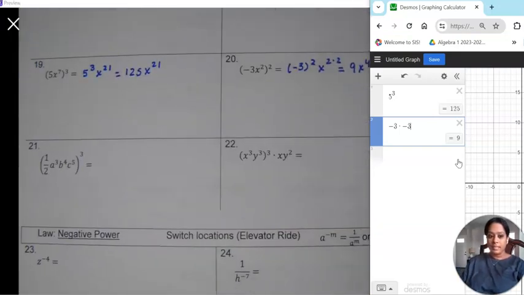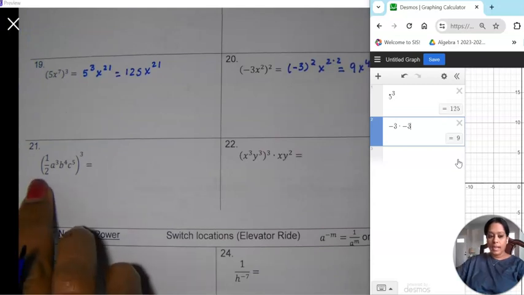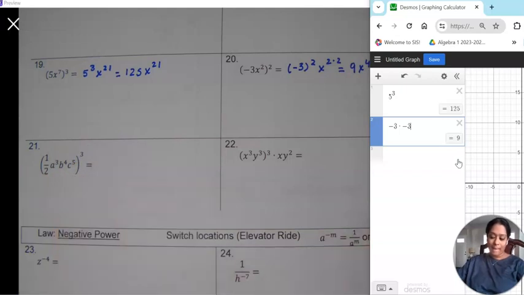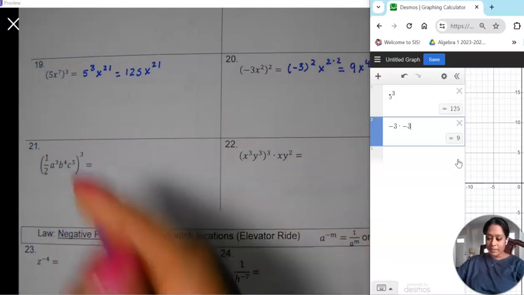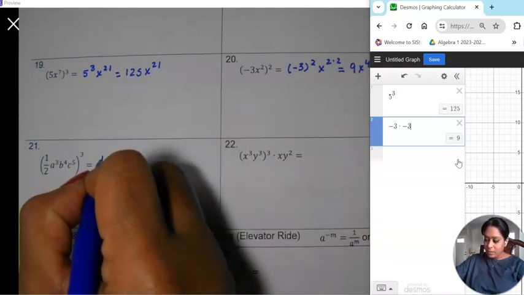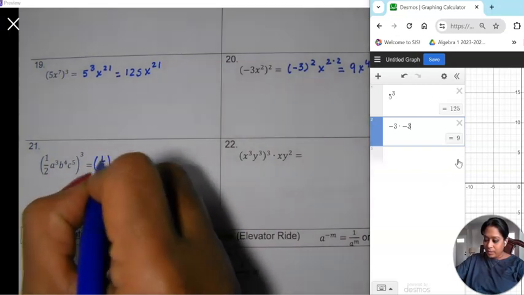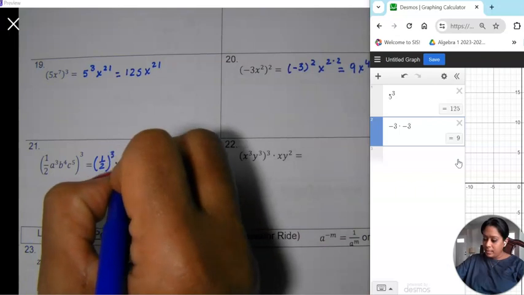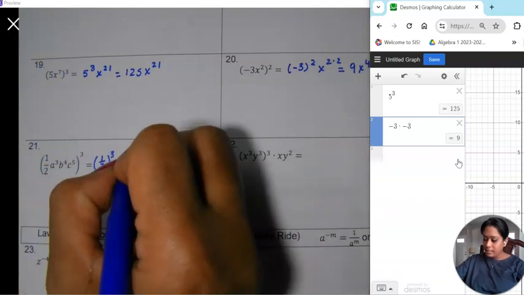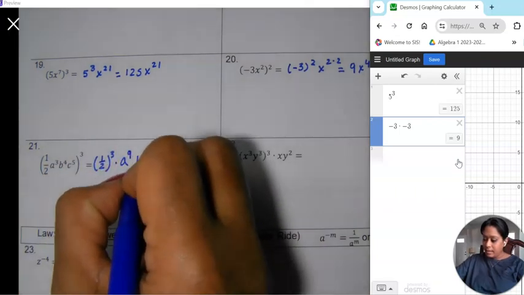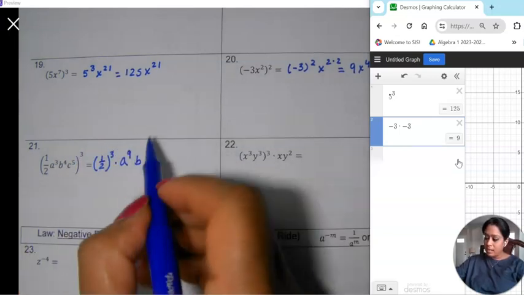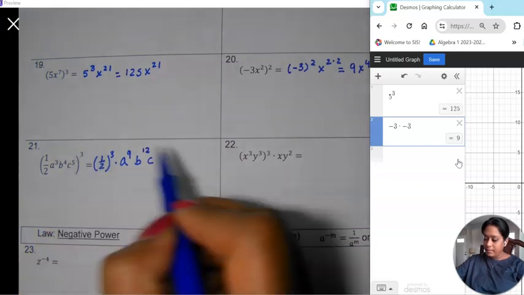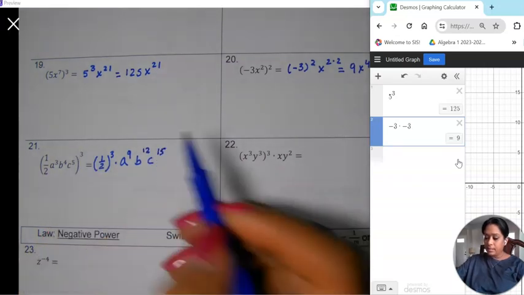Alright, these two. 1/2 to the 3rd power. You have to make sure that everything gets distributed out. So you're going to do 1 over 2 cubed, okay, times 3 times 3, which is 9, and then 4 times 3, which is 12, and then 5 times 3, which is 15.